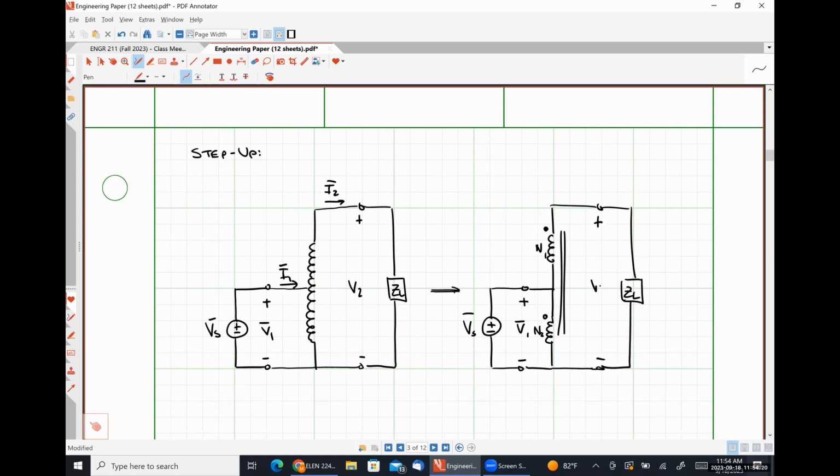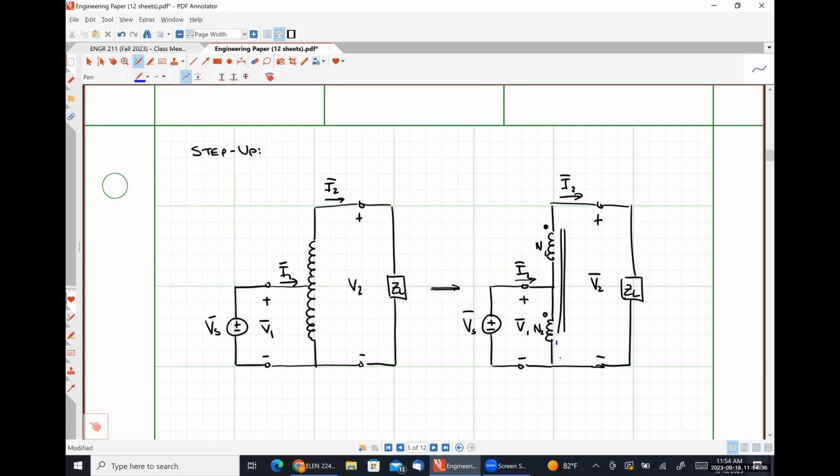Plus minus V2, I2, I1. What's the total current flowing through the coil to I1 minus I2?